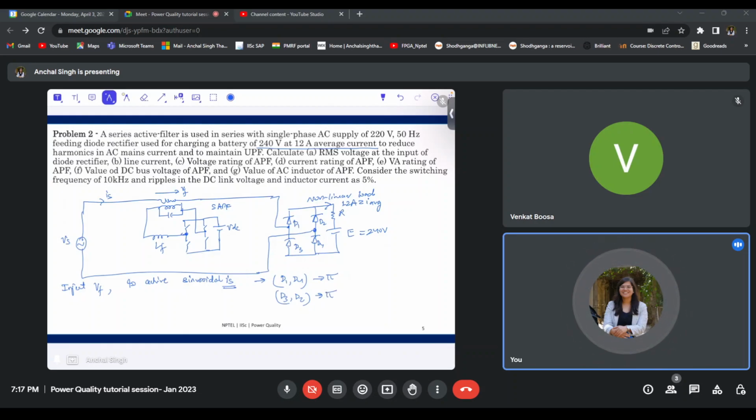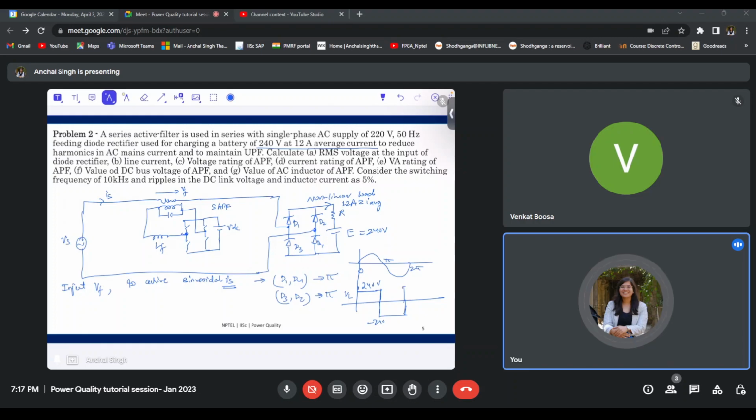That means all the time, if this is my supply voltage, this is 0, pi to 2 pi, then if during one time period D1 and D4 are conducting, then my load voltage will be plus 240 volts for this duration, and it will be minus 240 volts for another duration. So my voltage waveform would look something like this, right?